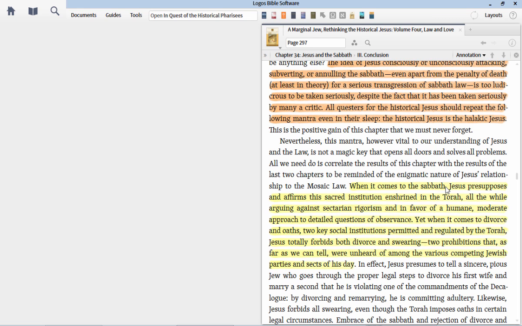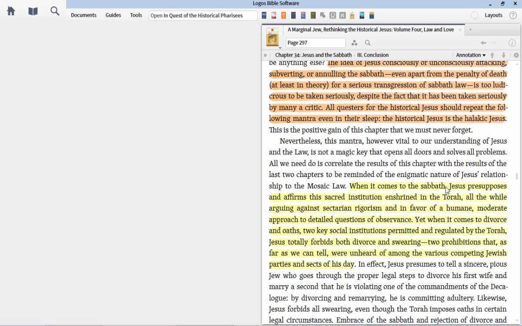Yet when it comes to divorce and oaths, two key social institutions permitted and regulated by the Torah, Jesus totally forbids both divorce and swearing. Two prohibitions that, as far as we can tell, were unheard of among the various competing Jewish parties and sects of his day.